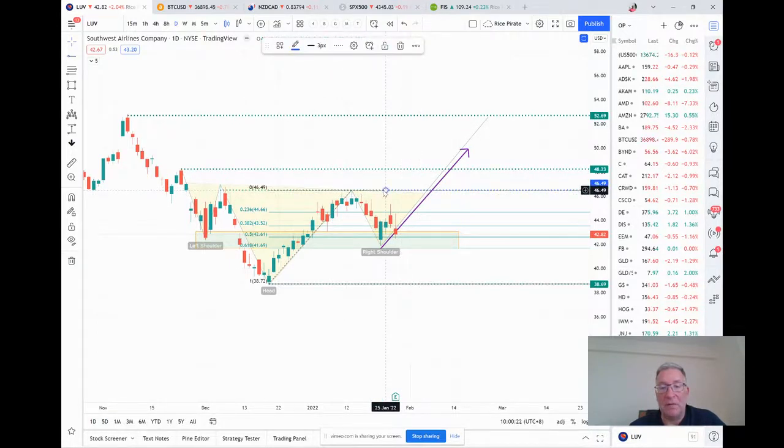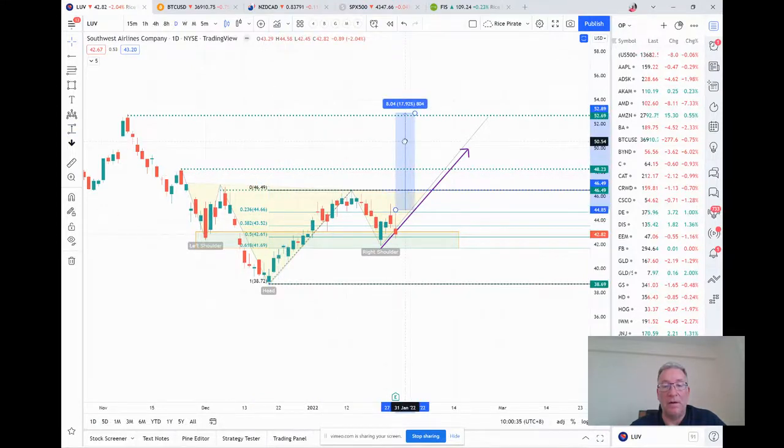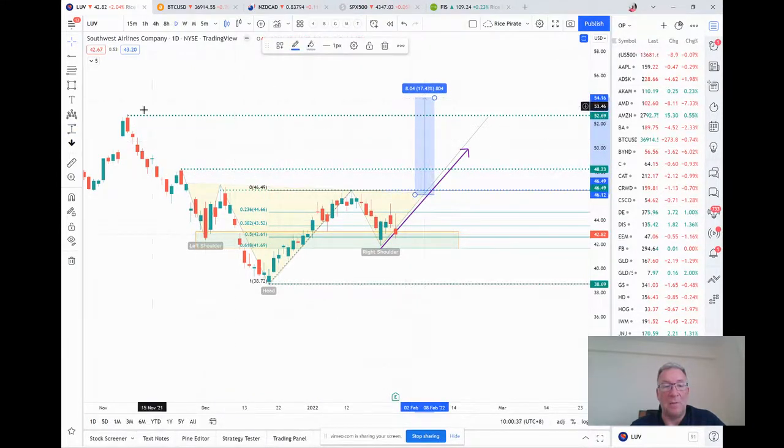Really, we'd have to break that level to say, yes, that's a head and shoulders. And if we did break that level, we'd be looking at a measured move of roughly that much, up into that target. And you do have a couple of targets where you could start taking profit on the way.